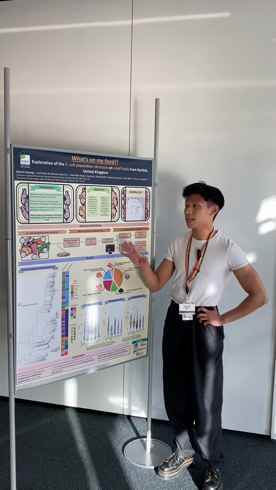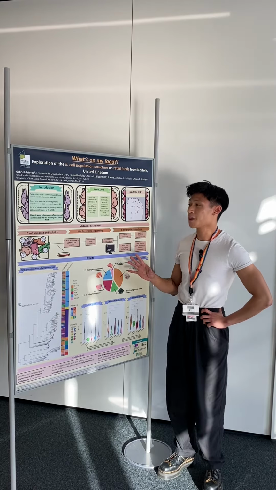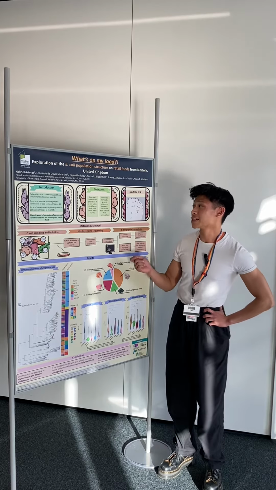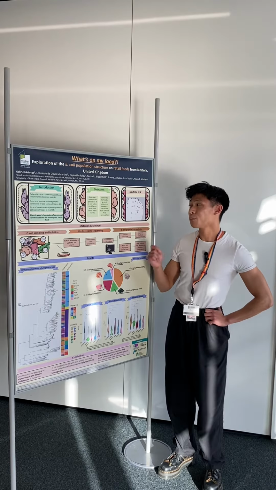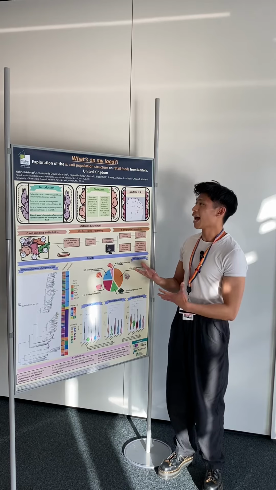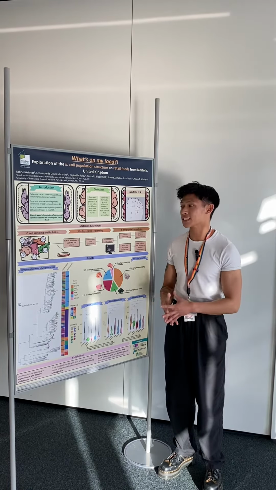So what we're doing here is looking at a broad perspective of the E. coli population. So what this investigation does is there were two objectives. First, to examine the population of E. coli within retail foods, and then also look at the genomic differences that are associated with the different food products.